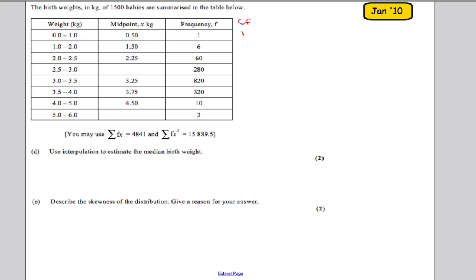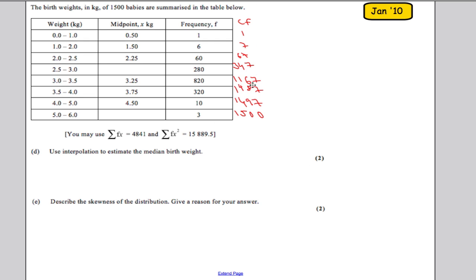So 7, 67, 347, 1167, 1487, 1497, and then 1500.